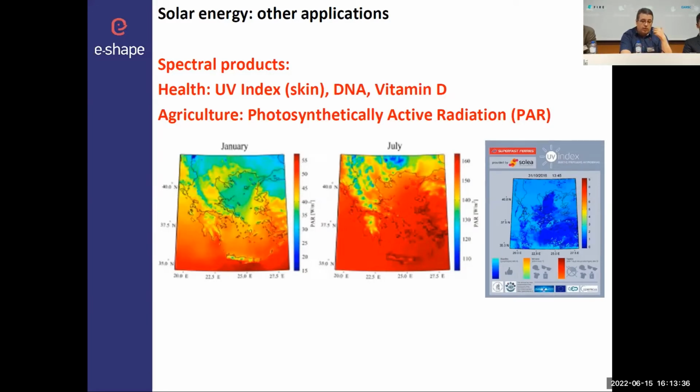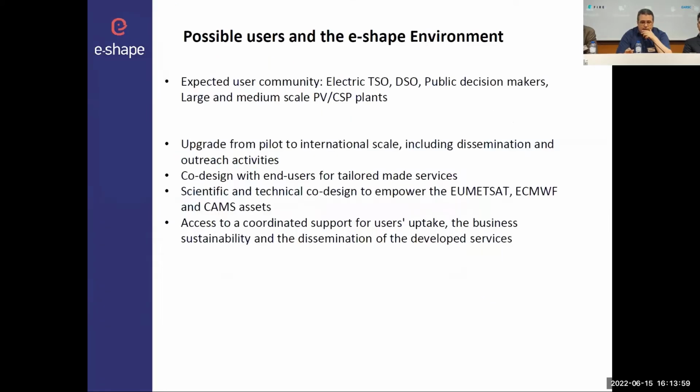We produce nowcasts of this quantity, and this is a service that is being used by a cruise company in Greece, which informs its clients in order to protect themselves. And you also see here a map of the photosynthetically active radiation that has been created in the context of a study.